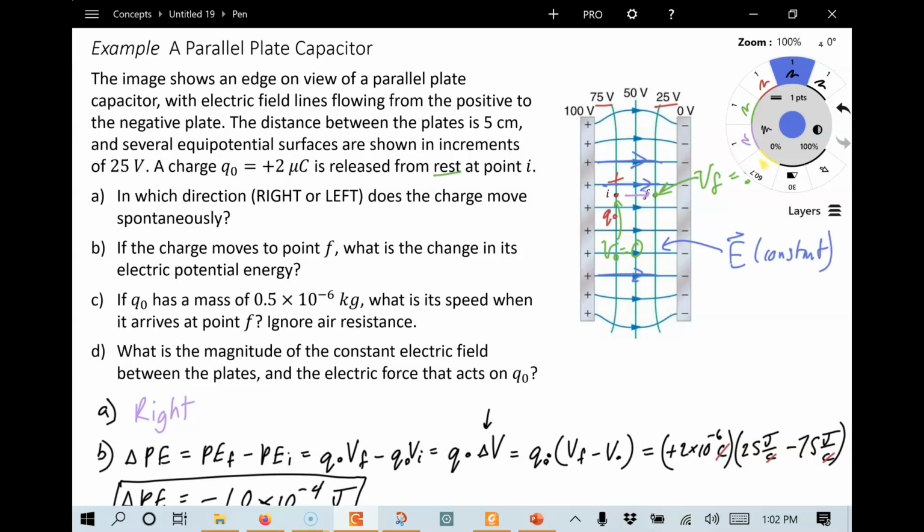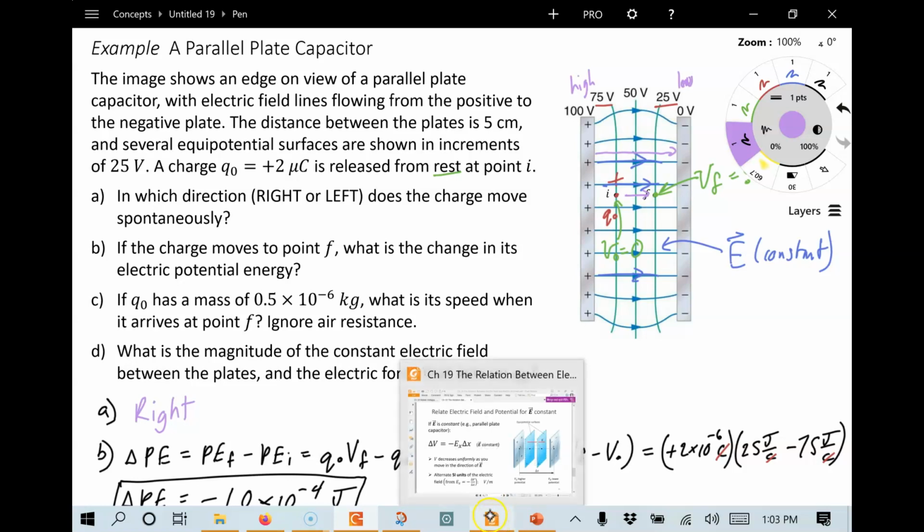Now, whenever we have a constant electric field, there is a relationship between the electric potential difference, the voltage, and the electric field. Notice as I go from positive to negative, I'm going from high electric potential to low electric potential. And that's always the way it is. As you move along an electric field line, you go from high to low.